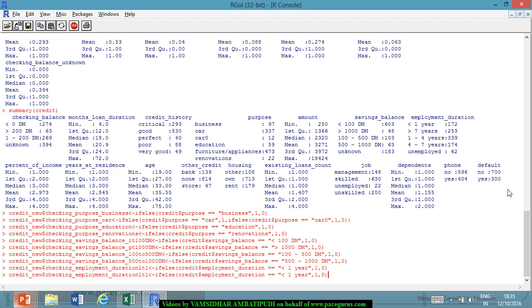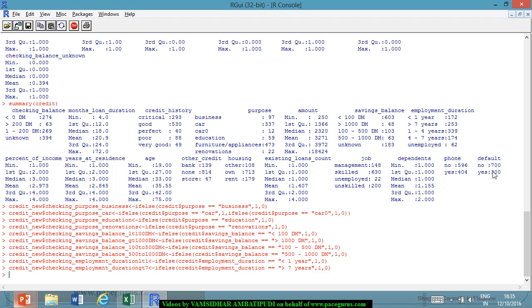Now I can redo it, greater than 7. So I'll call it as GT7. Again the same, duration instead of less than 1 year, let me call it as greater than 7 years. One more group.